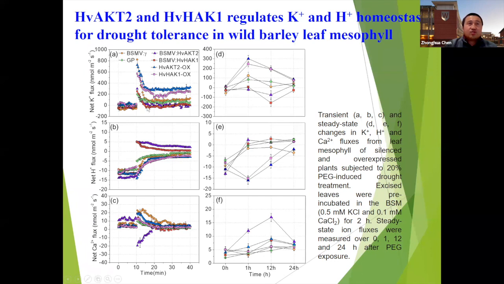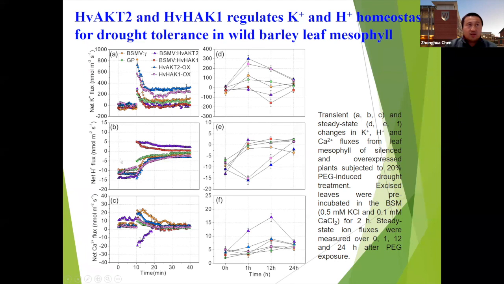Silencing those genes causes a very significant reduction of the potassium flux, and the potassium flux is close to zero.